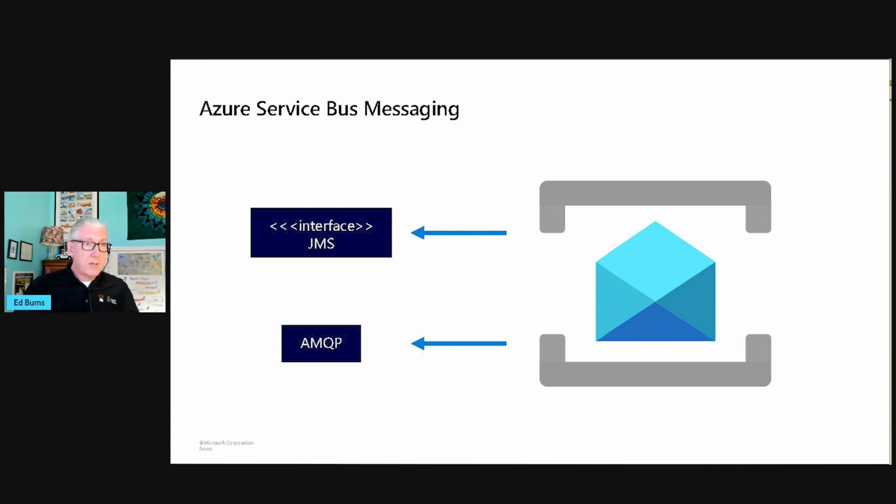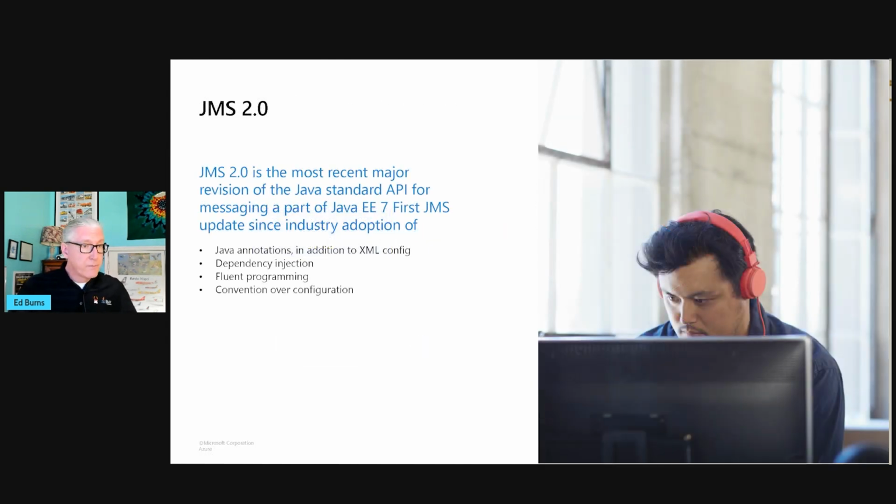Let's take a look at JMS 2.0. It's the most recent major revision of the Java Standard API for messaging. It is a part of Java EE 7, even though now we are working towards Jakarta EE 10.